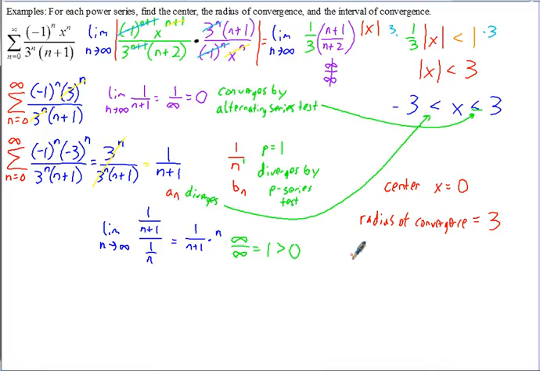And the interval of convergence would be negative 3 with parentheses to 3 with a bracket. Because here it converges at 3 but not at negative 3.